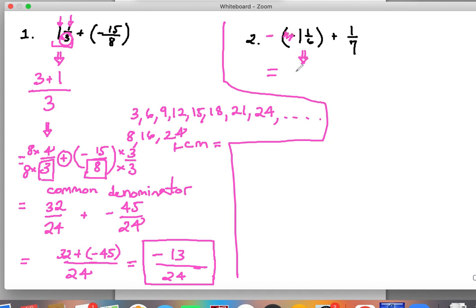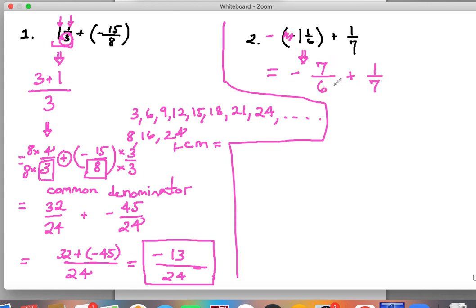Forget that it's negative, just make the improper fraction negative at the end. So 6 times 1 is 6, plus 1 is 7 over 6, plus 1/7. Okay? And you're done with your first step. I made the negative 1 and 1/6 into negative 7/6.